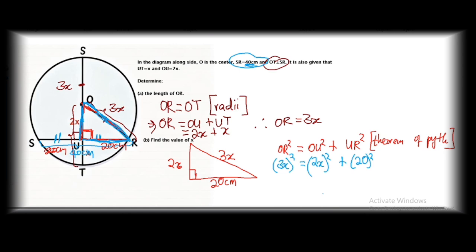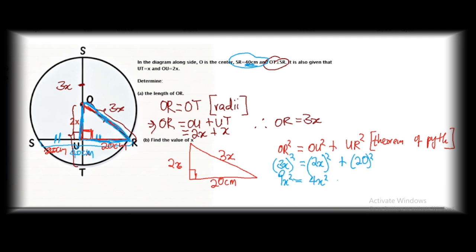Now, 3x squared gives us 9x squared, which is equals to 2x all squared gives us 4x squared plus 20 squared, which gives us 400.